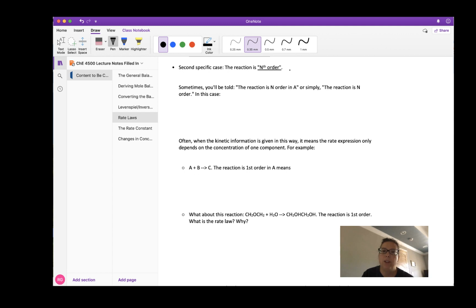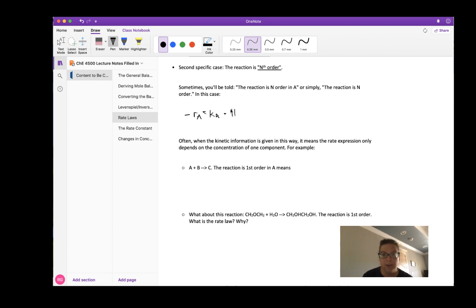Another type of rate law that you'll get in this class is an nth order reaction. So sometimes you'll be told the reaction is n order in A, or simply the reaction is n order. So what this means is that the exponents in your rate law are going to sum to n. So for example, your rate law would look something like this: k_A(T).